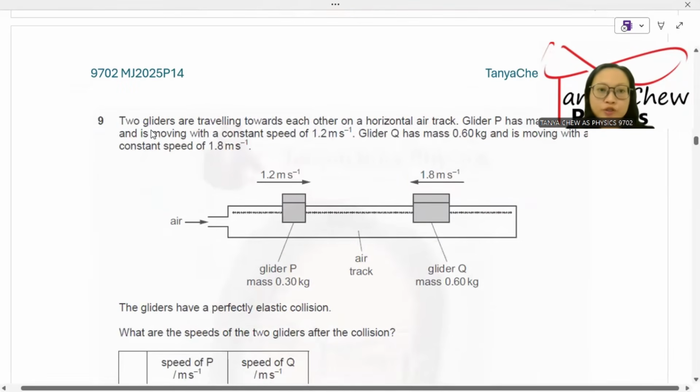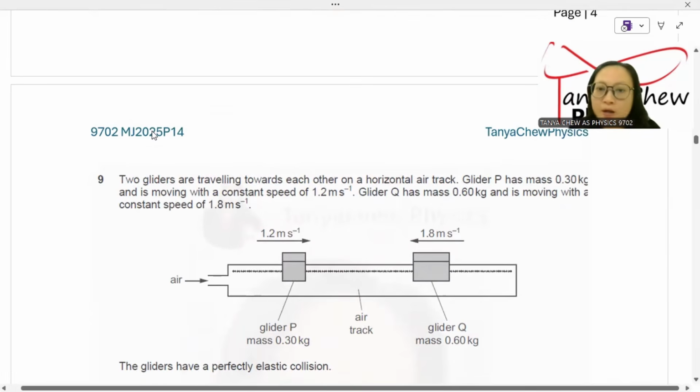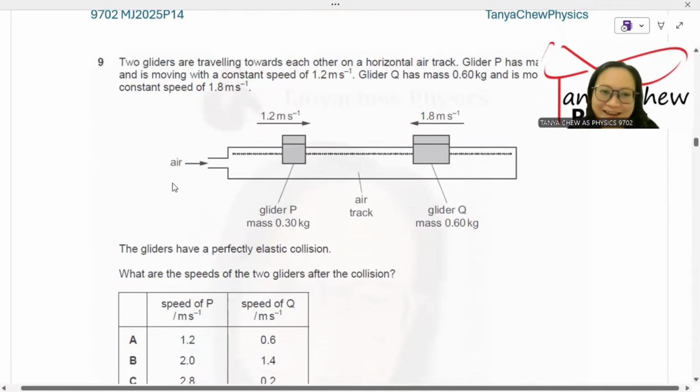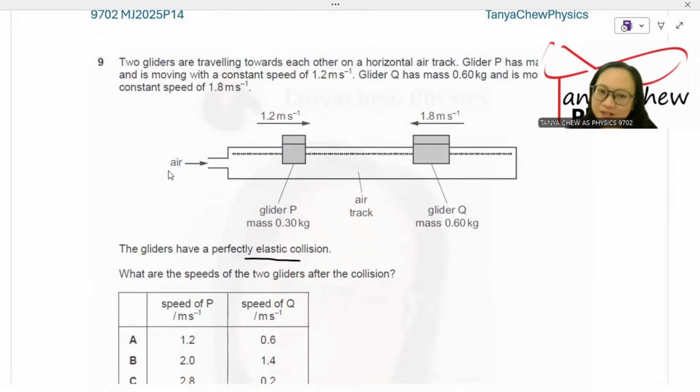Now, number 9, two gliders are traveling towards each other on a horizontal air track. Glider P has a mass of 0.3 kilogram and is moving with a constant speed of 1.2 meters per second. Glider Q has a mass of 0.6 kilogram and is moving with a constant speed of 1.8 meters per second. The gliders have a perfectly elastic collision. What are the speeds of the two gliders after the collision?